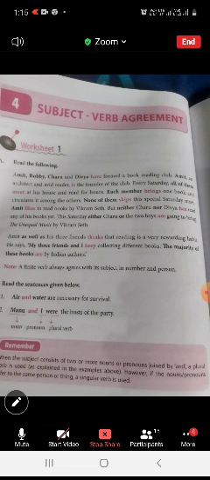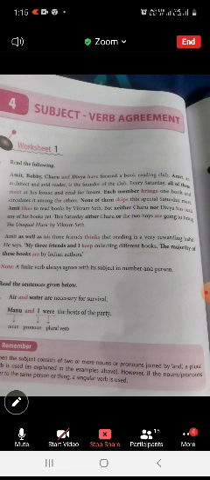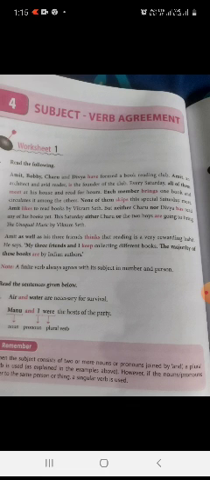Before starting the rules, you can see one paragraph has been given here. Some sound is coming from your side, so wherever it is going on, please mute yourself, and when you want to say something, you can unmute. Okay, first of all, I would like to invite any one of you to read the paragraph which has been written here.